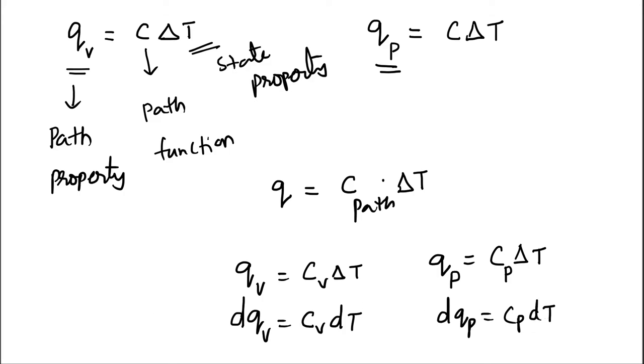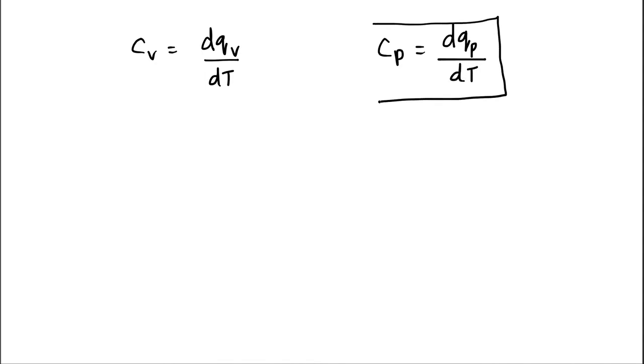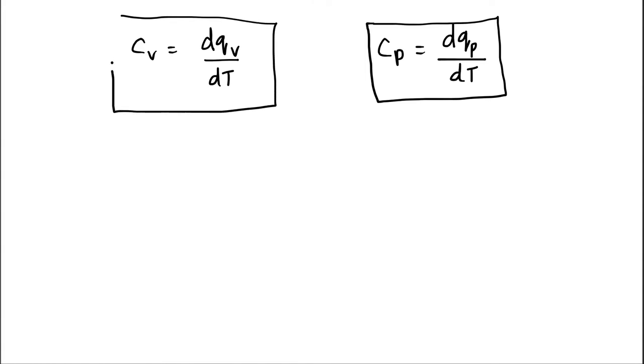So now I can write Cv equal to dQv over dT and Cp as dQp over dT. What is Cp? Cp is the heat capacity at constant pressure, and Cv is the heat capacity at constant volume.